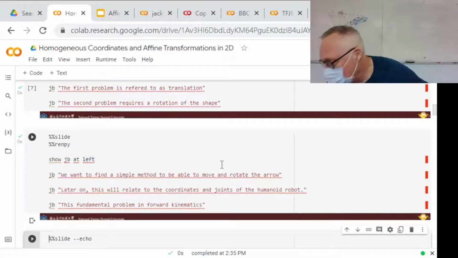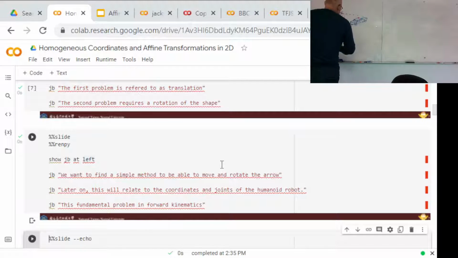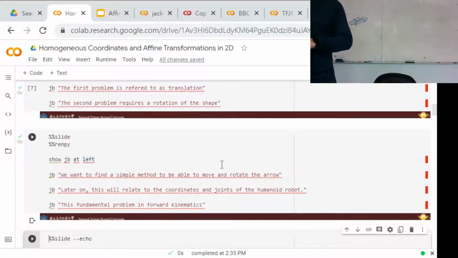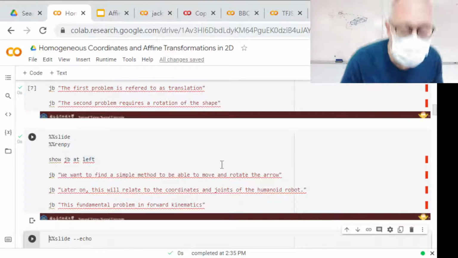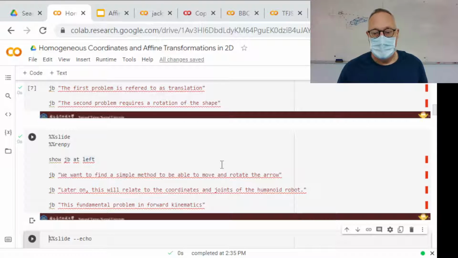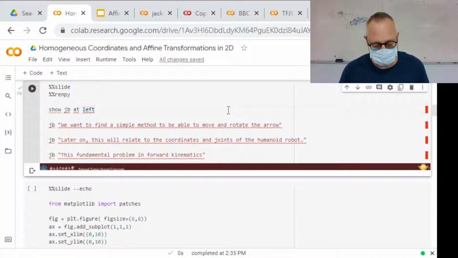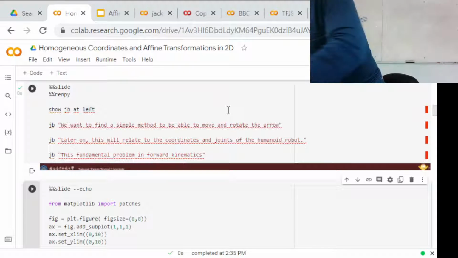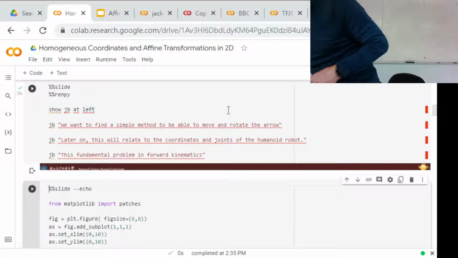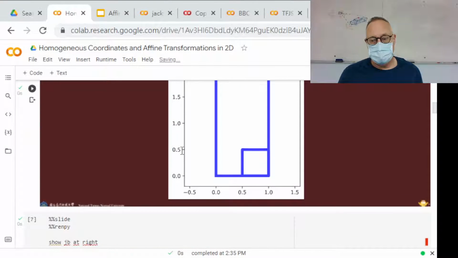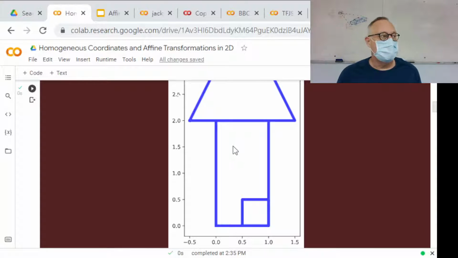So now I have that shape and I want to first move it around. Then what will happen to the coordinates? That's the first problem that we look at. Now I have the shape, but I can think of the shape as a collection of points, and then I only need to worry about moving a single point.